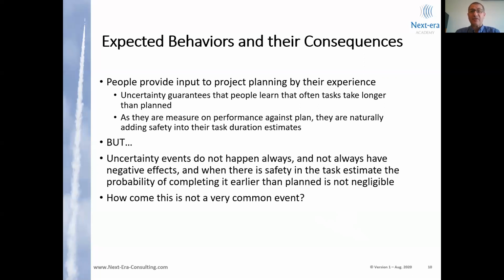In reality, though, not every task will meet Murphy, and not every task that meets Murphy is necessarily negatively affected by that. Sometimes events can enable a task to be executed faster and cheaper.